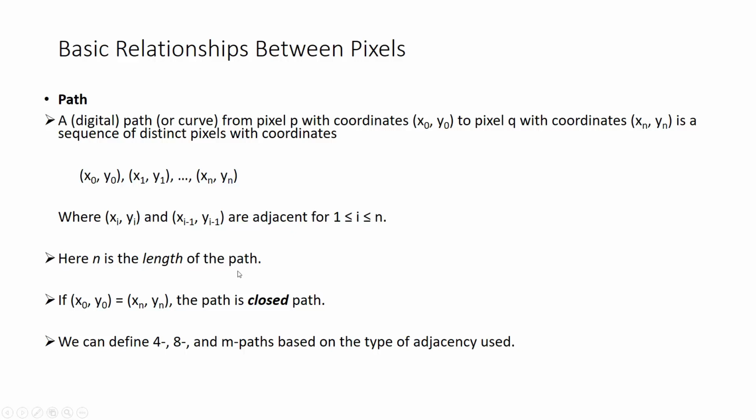Here n is the length of the path. If (x0, y0) is equal to (xn, yn), then the path is a closed path. We can define 4, 8 and M paths based on the type of adjacency used.